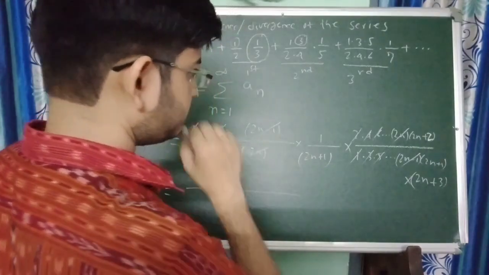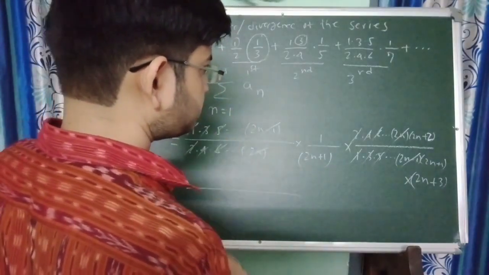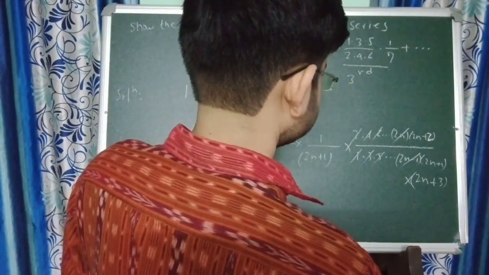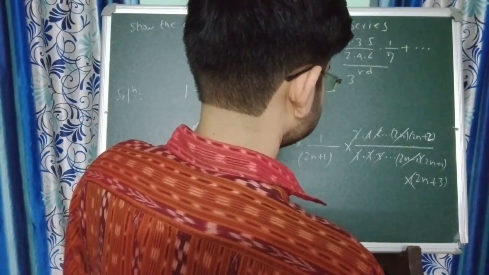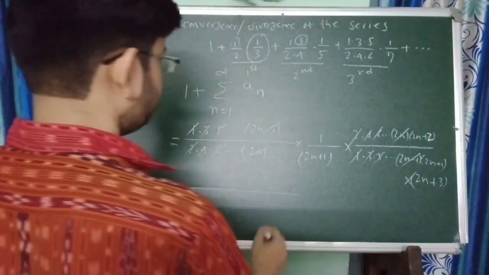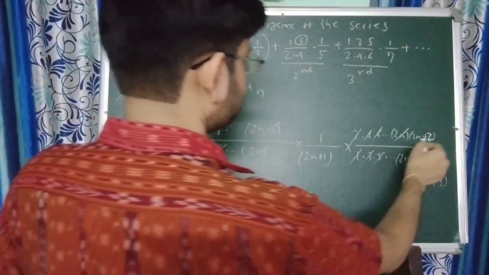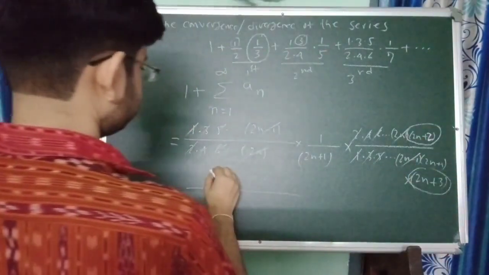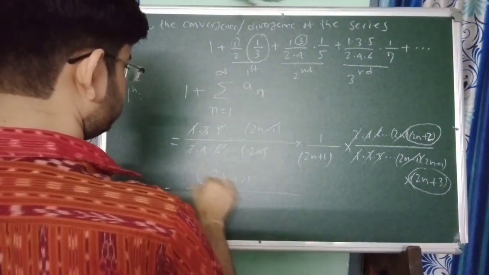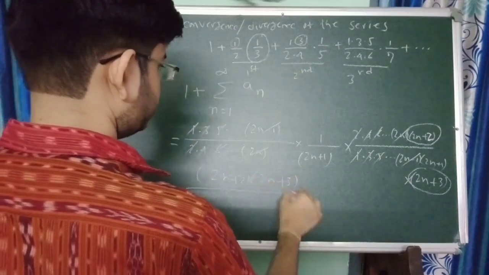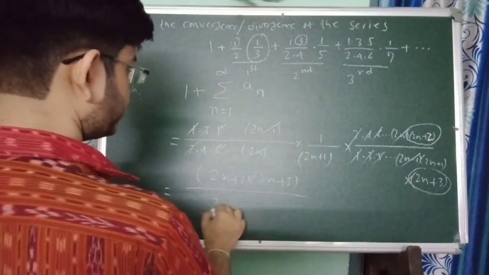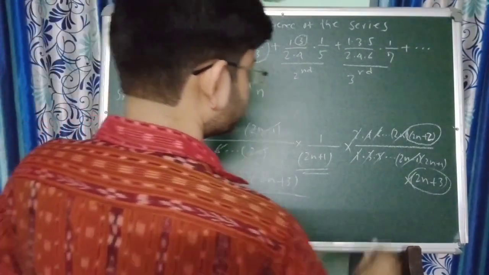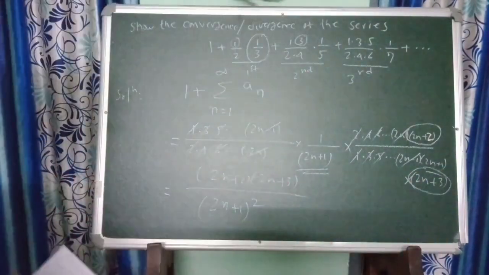So in the numerator part, the remaining terms are 2n plus 2 and 2n plus 3: 2n plus 2 into 2n plus 3 divided by 2n plus 1 whole square. Here 2n plus 1 and here 2n plus 1.